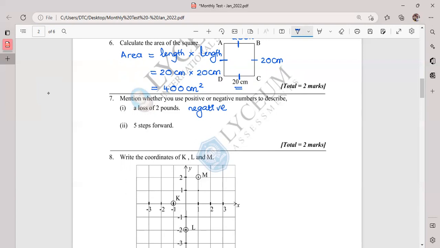You are here, so this is the point. You are here and take 5 steps forward: 1, 2, 3, 4, 5. So what is it? That is positive, right? You should add positive. The earlier one is negative because you are losing something.